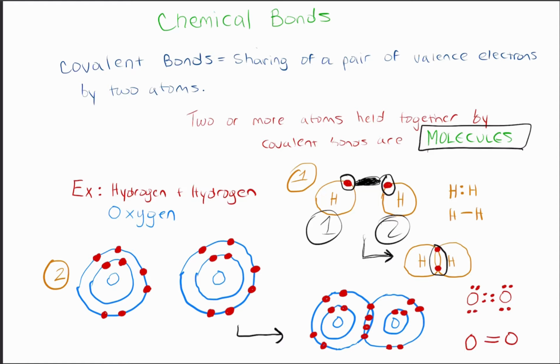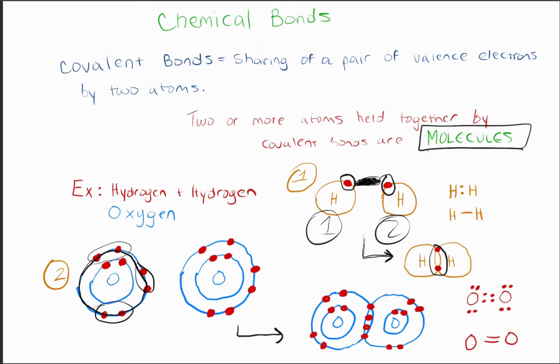So if we look at oxygen, we have 2, 4, 6 electrons. These 6 electrons are in the valence shell, which is the outer shell of the atom. It wants to reach the octet rule, where it has 8 electrons on its valence shell.